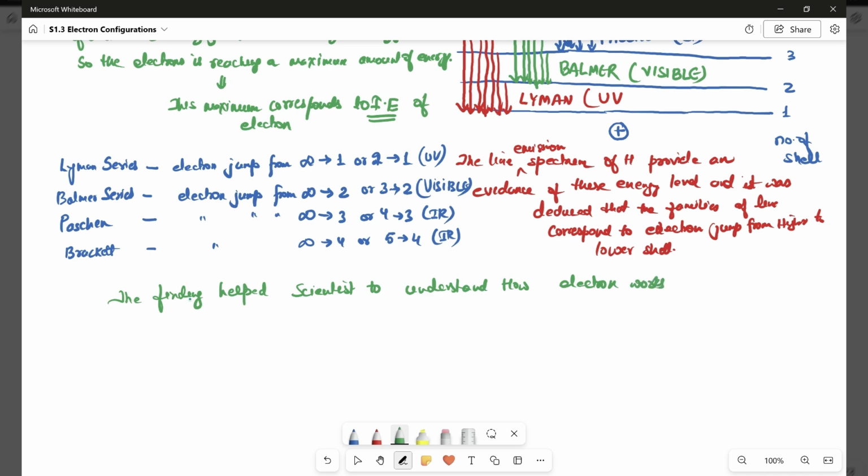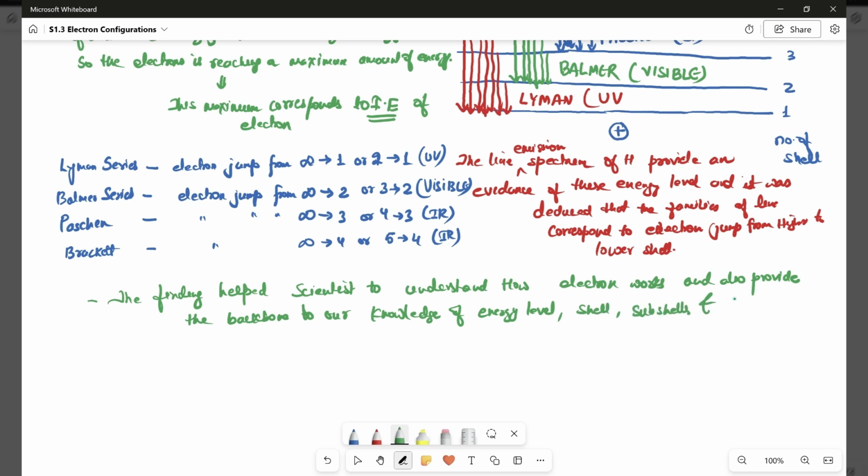This gives a working model and also provides a backbone to our knowledge of energy levels, which we call shells, subshells, and orbitals, right? So these give a clear idea.